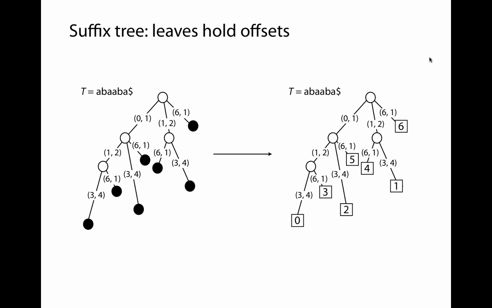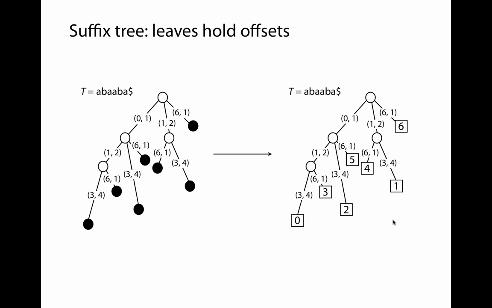For example, the longest suffix, the suffix that consists of the entire string T$, has offset 0, and so the leaf node that corresponds to that longest suffix, which in this case is this node here, is labeled with 0. So each of these nodes is labeled with some number, 0 up to the length of T$ minus 1. Each has a distinct label, again, because there's a one-to-one mapping from leaf nodes to suffixes.